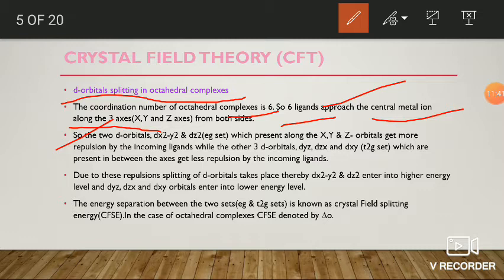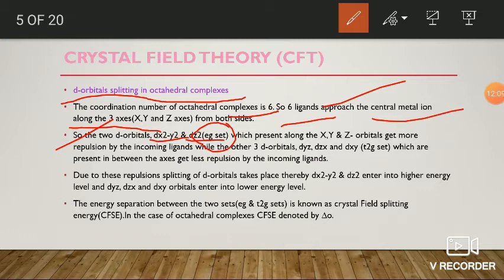Due to this approach of the 6 ligands along the axes toward the central metal ion, the d orbitals dx²-y² and dz², which are generally known as the eg set, are affected. The combination of dx²-y² and dz² orbitals is considered the eg set. These two d orbitals are present along the axes. In the case of x²-y², the four lobes are located along the x and y axes. In the case of z², lobes are located along the z axis.